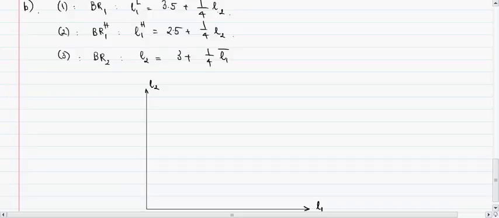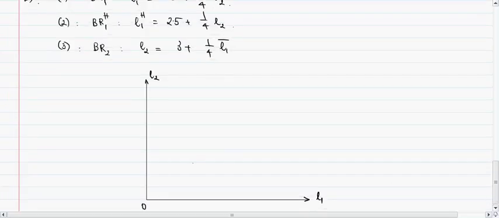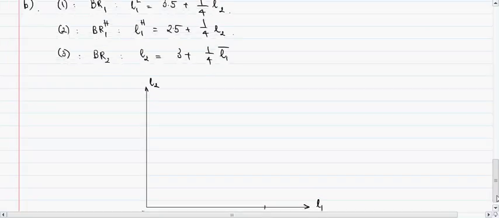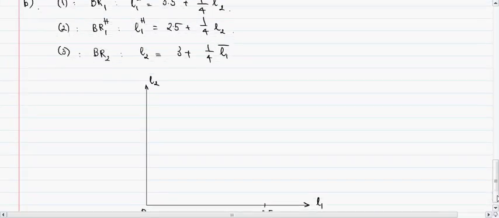So if L2 equals 0, L1 equals 3.5. I'll pick another point, say if L2 equals 4, L1 is going to be equal to 4.5.